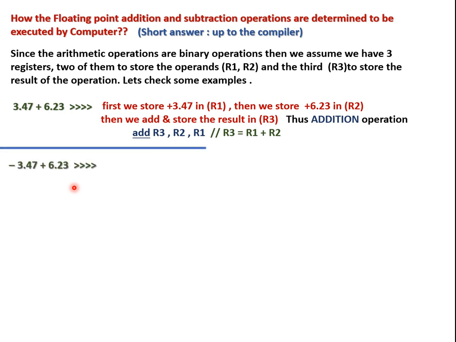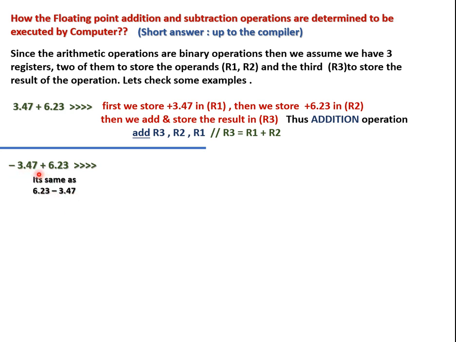Another example, this one. In here, is this gonna be addition operation or subtraction operation? Okay, if we check this one, it's like this. This is the same as 6.23 minus 3.47. That makes a big difference.